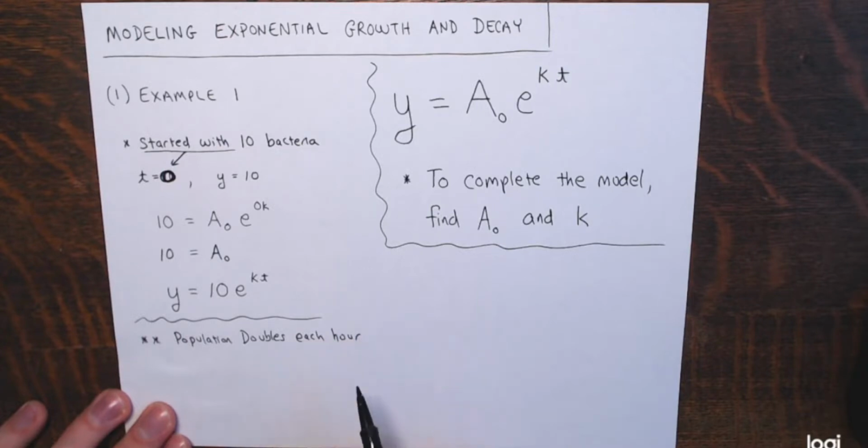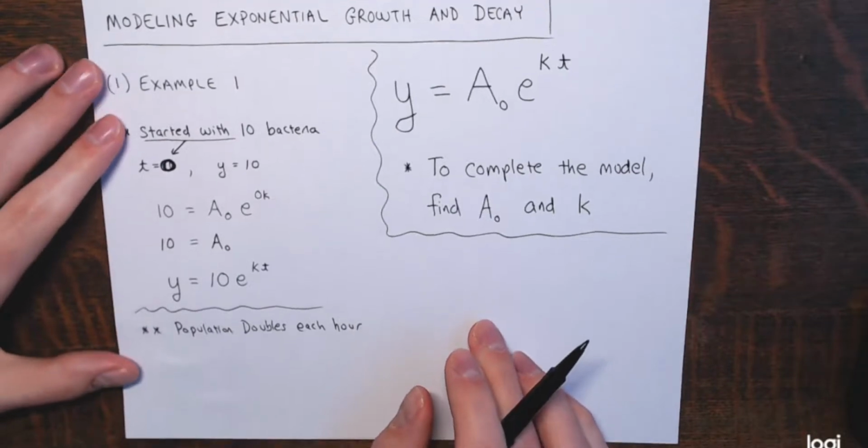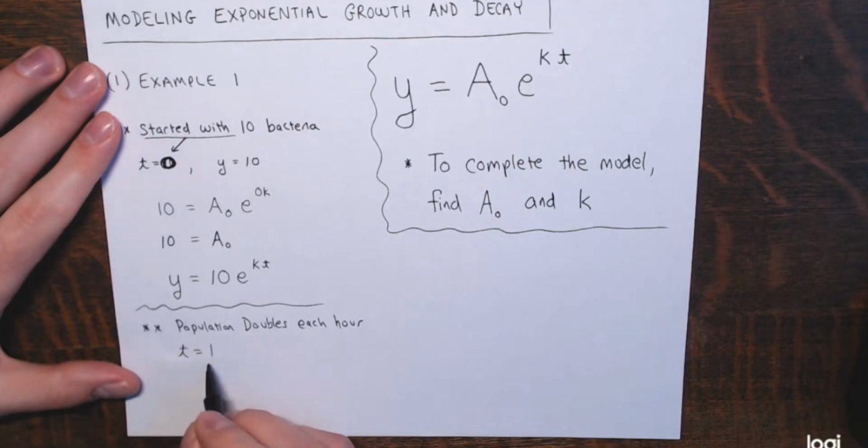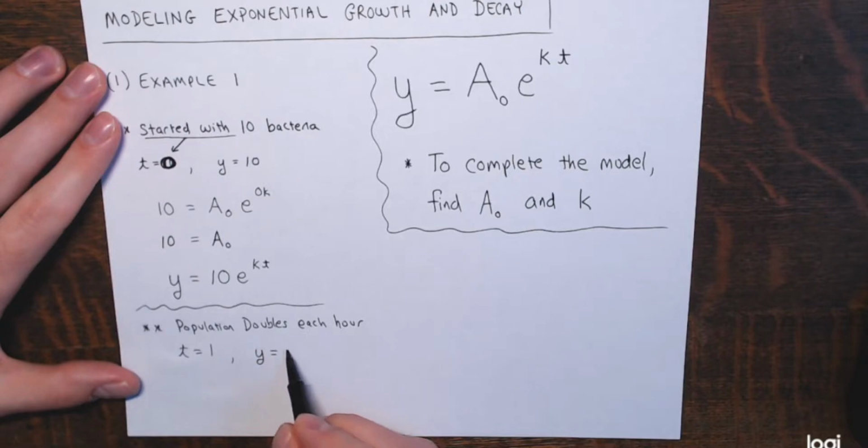So that gives us a lot of different pairs of values for t and y. But this means, when t equals 1, 1 hour later, the value of y would be 20, wouldn't it?